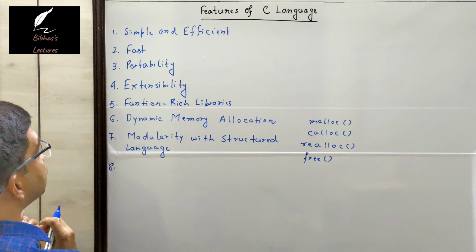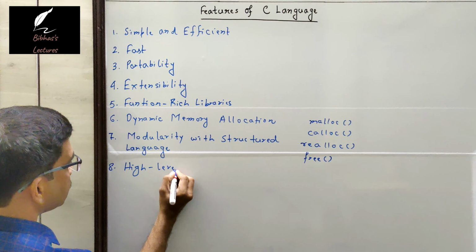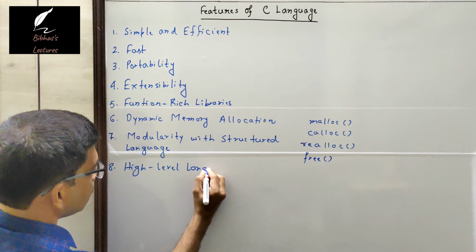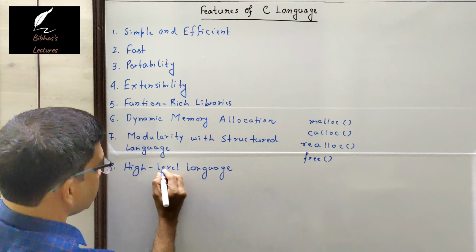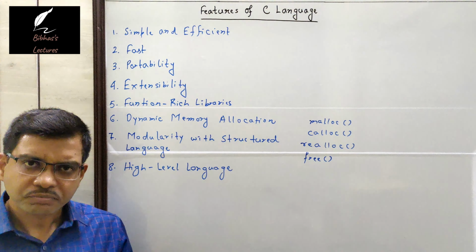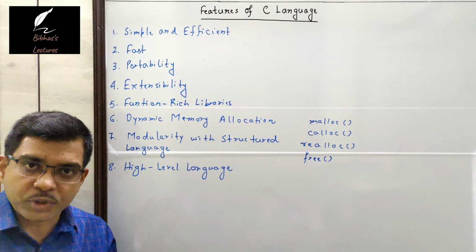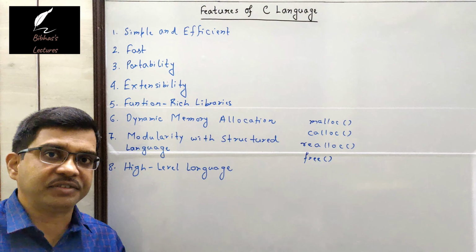Number 8, C is also a high level language. High level language means that whenever you are writing any program in C language, it will be machine independent.